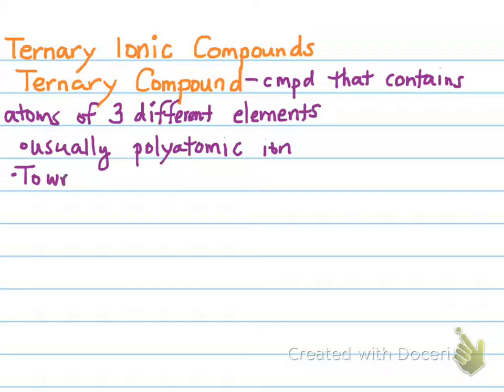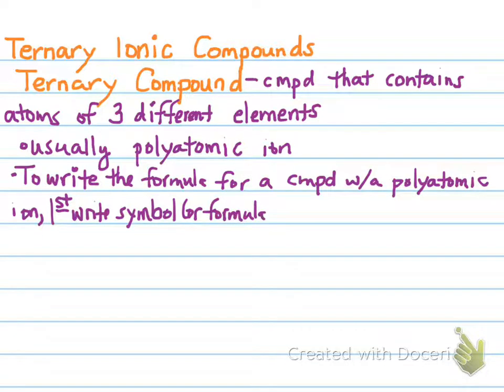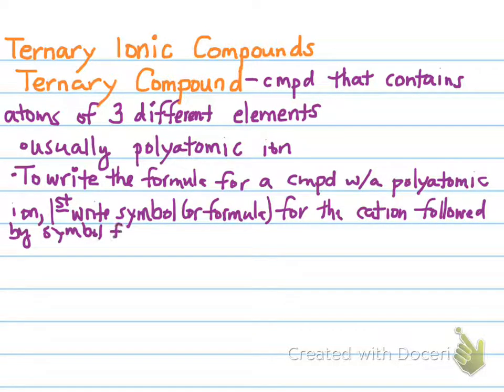So to write the formula for a compound with a polyatomic ion, first we're going to write the symbol or the formula for the cation, followed by the symbol or the formula for the anion.